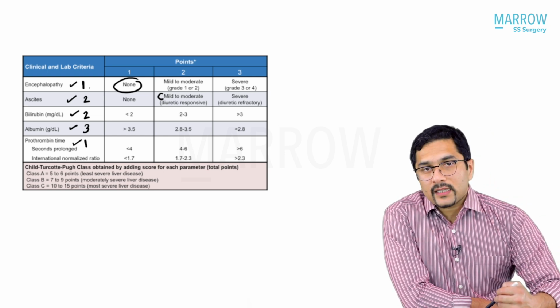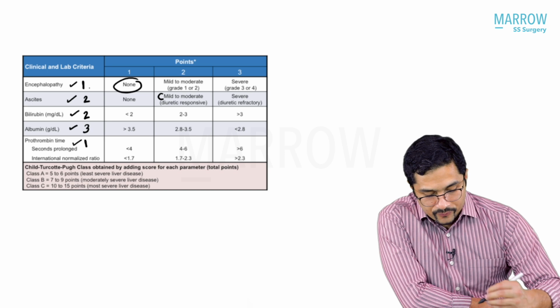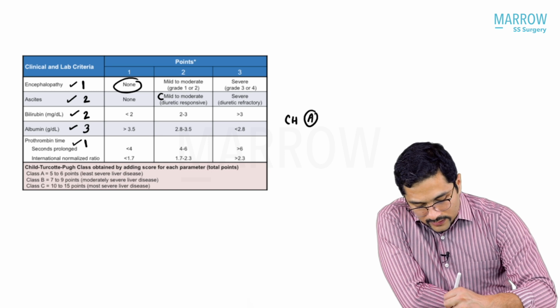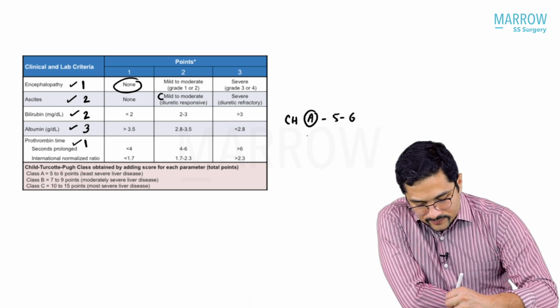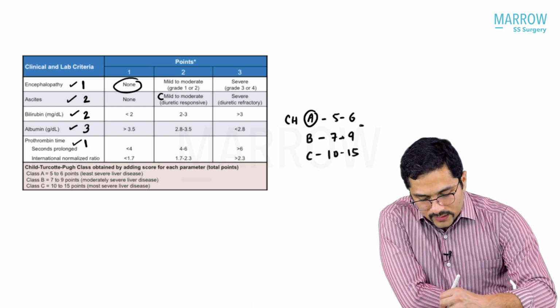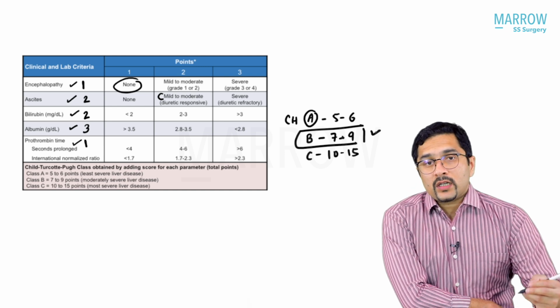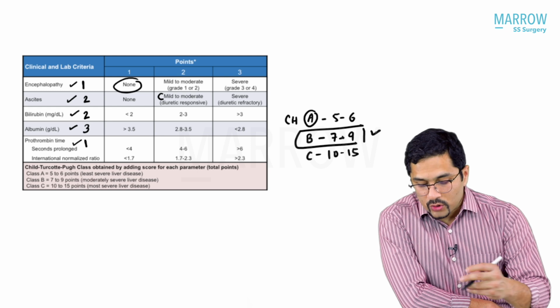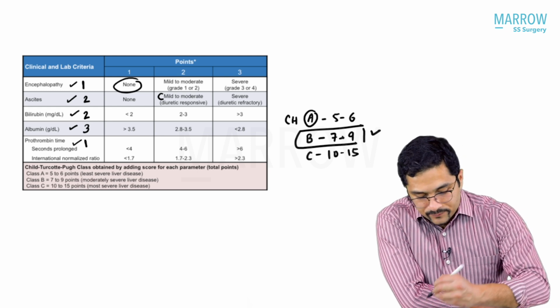If you total this up, this turns out to be 9. You should also know that Child-Pugh A score is between 5 to 6, B is 7 to 9 and C is 10 to 15. So this patient falls under Child-Pugh class B. So all the parameters regarding the Child-Pugh score you should remember for the exam.